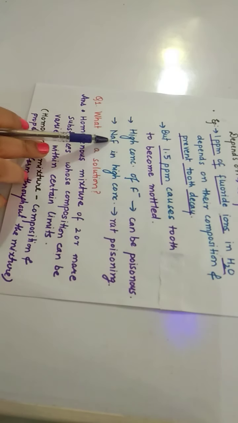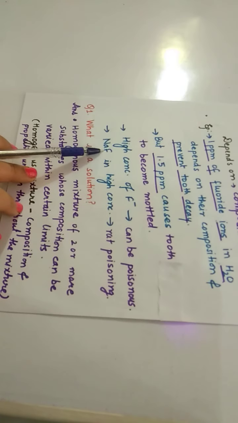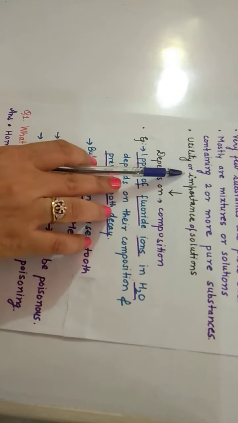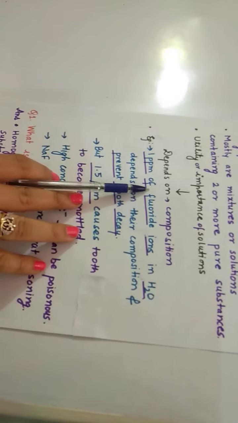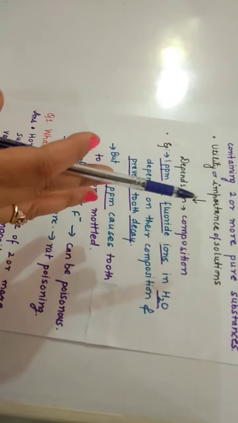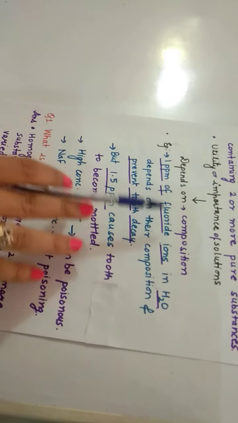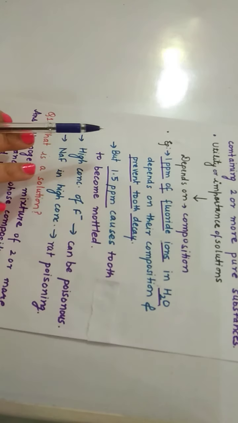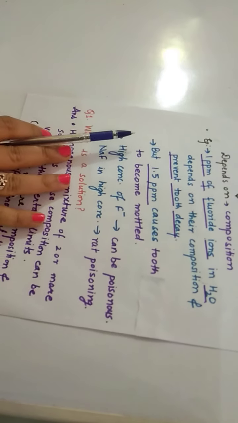So here fluoride ion is in more concentration. So generally solutions are of importance, but whether they will be useful or harmful totally depends upon their concentration or the composition of which they are made up.